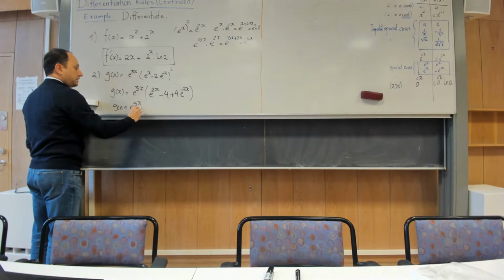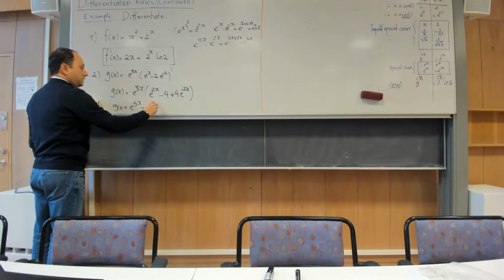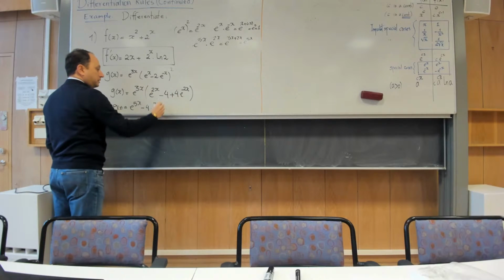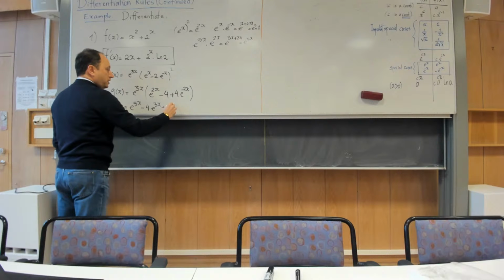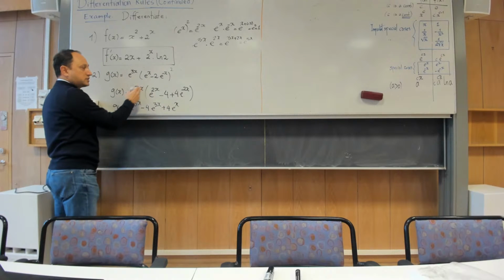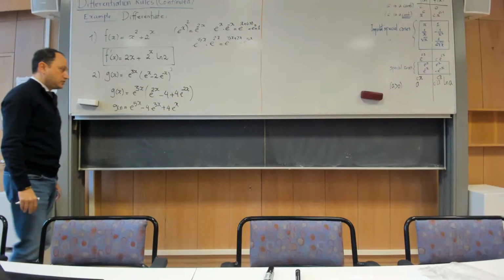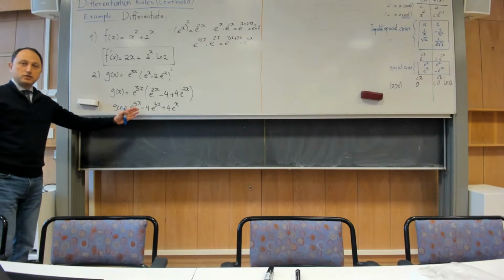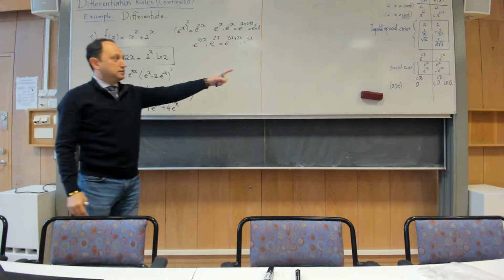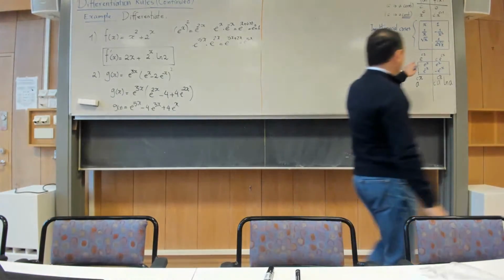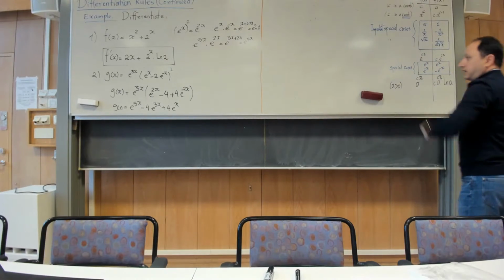This one multiplied by that is minus 4 e to the power 3x. This one multiplied by that is 4 e to the power positive x, because 3x plus negative 2x is simply x. Now everything is in order, so I can use the formula to calculate the derivative.